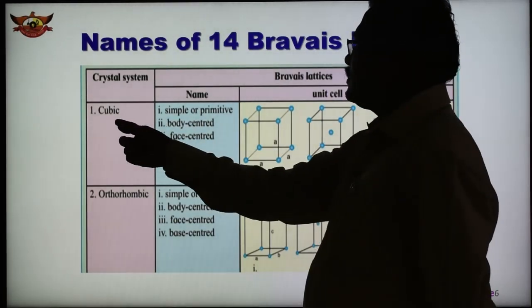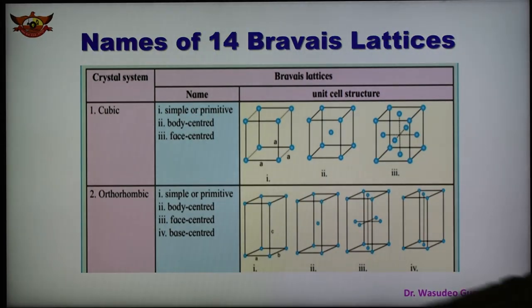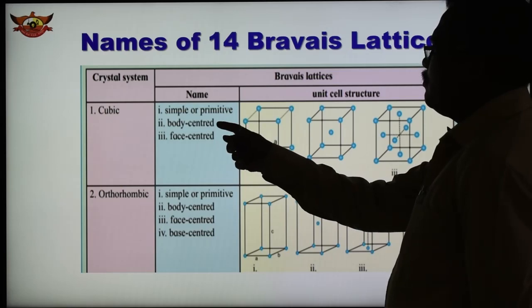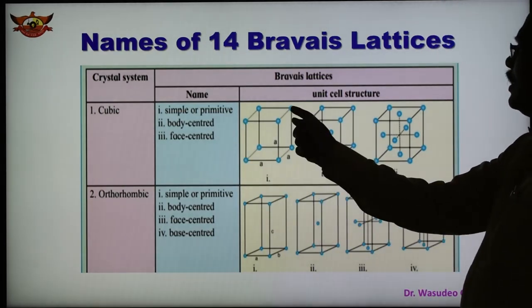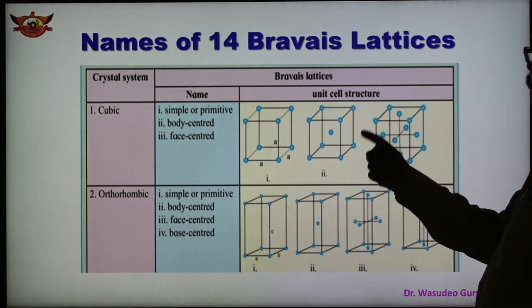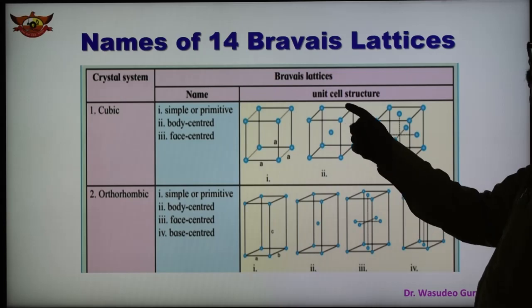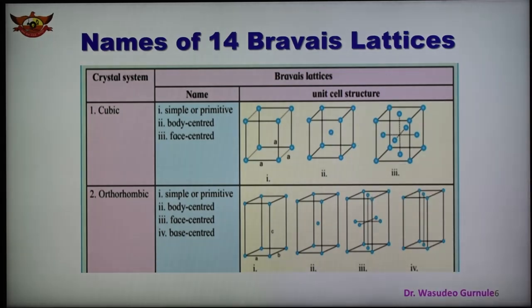In the cubic crystal system, 3 are there. The Bravais lattices, or unit cells, are simple, body centered, and face centered. In simple, particles are present at the corners. In body centered, particles are present at the corners as well as at the center of the body of the cube.